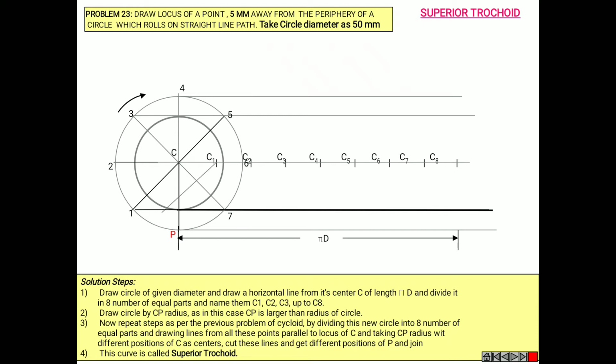See here, C1 on 1, C2 is already done, which is in the horizontal line, so it is overlapping. C3 on 3, C4 on 4, C5 on the 5th line, C6 is again overlapping on the horizontal line, C7 on 7 and C8 on the 8th line. Mark the points.